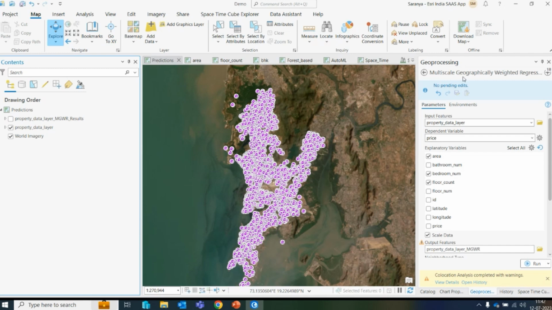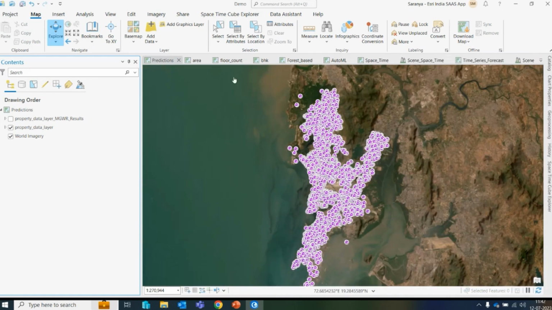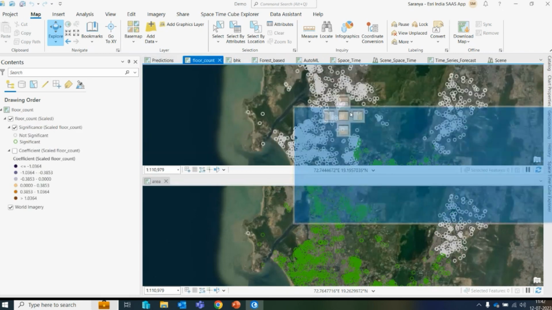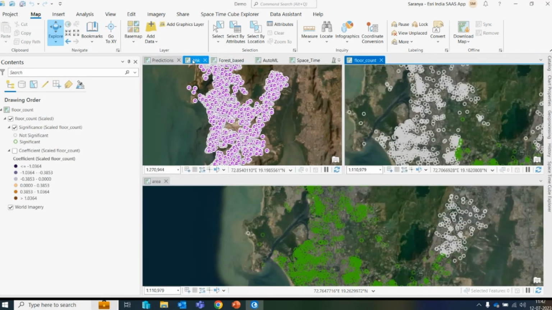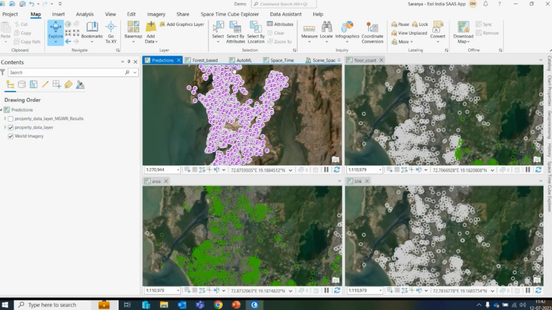I'm using the tool multi-scale geographically weighted regression. The dependent variable is price, and the explanatory variables are area, bedroom numbers, floor count, etc. When you run the tool, you automatically get information about the significance of each of these variables. This tool will give you an output which looks something like this.